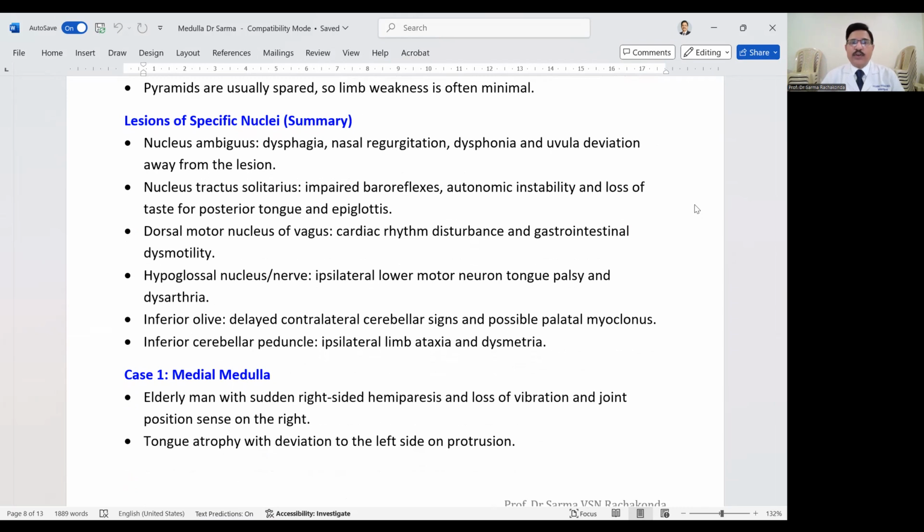Nucleus tractus solitarius, NTS, is the visceral afferent. It gives sensory input from the viscera: impaired baroreflexes, autonomic instability, loss of taste for the posterior tongue and epiglottis. So not only is it an afferent nerve, it also carries taste sensation from the posterior part of the tongue.